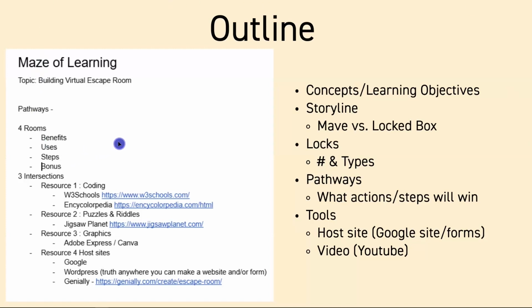I have the topic, and then my pathways for the maze. There are going to be 4 rooms or 4 dead ends, and each dead end has a topic. Then there are 3 intersections, and each intersection has a topic. With the maze, you can put the activities either in the dead ends or in the intersections. With the locks, each lock is an activity of itself.